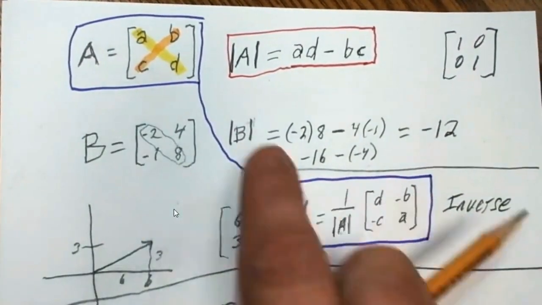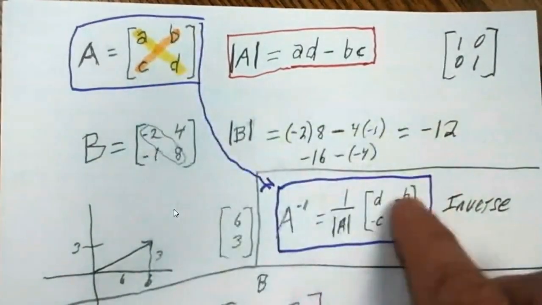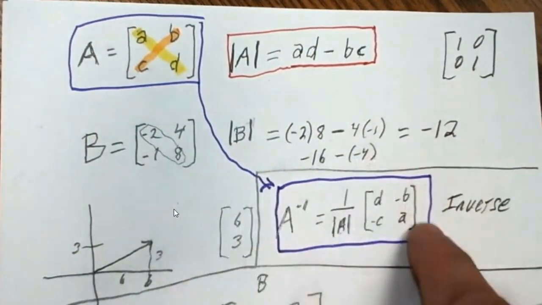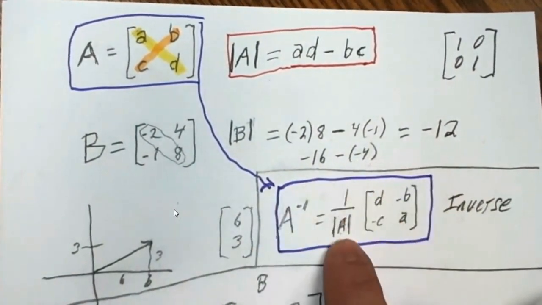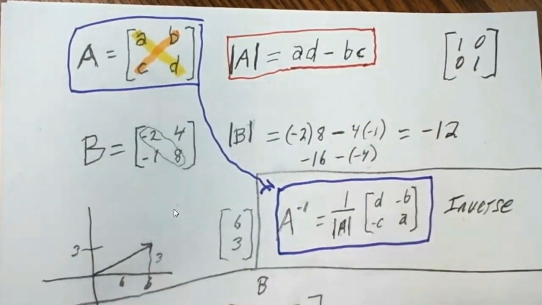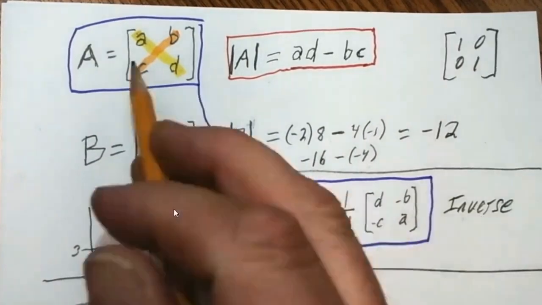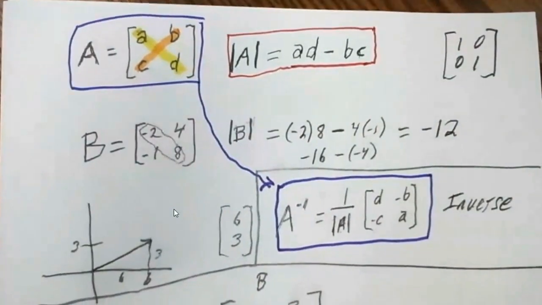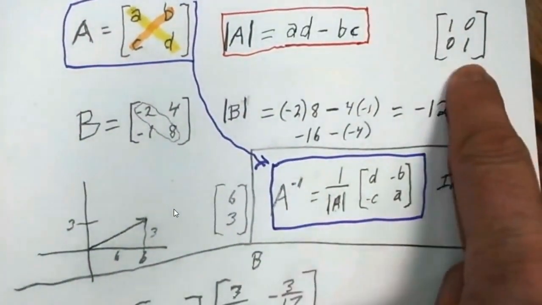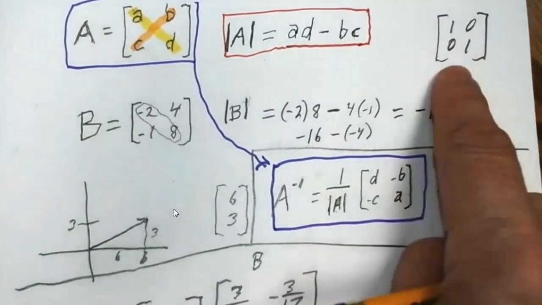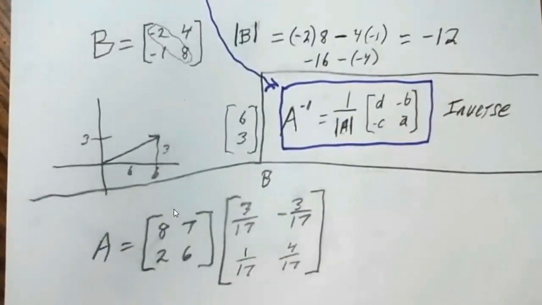And B and C stay where they are, but they become the opposite sign. So this is how you find the inverse. 1 over the determinant times the matrix rearranged. D and A, B and C. So this is great for your notes. And if we multiply A times its inverse, we'll get the identity matrix. If we multiply this and don't get that, these are not inverses. They're just two different matrices.